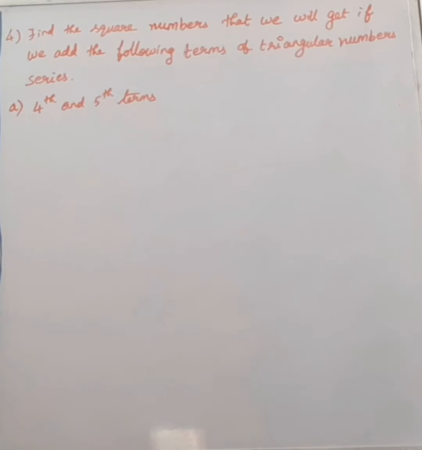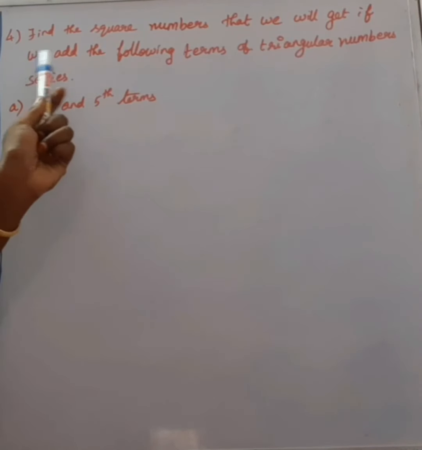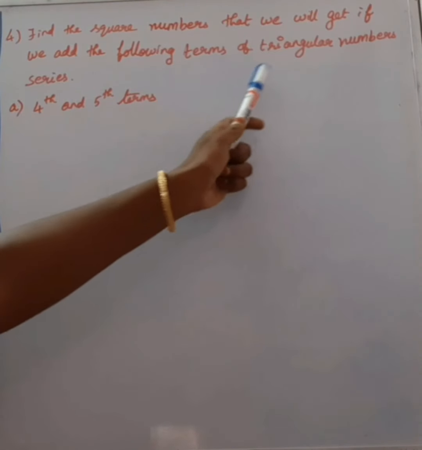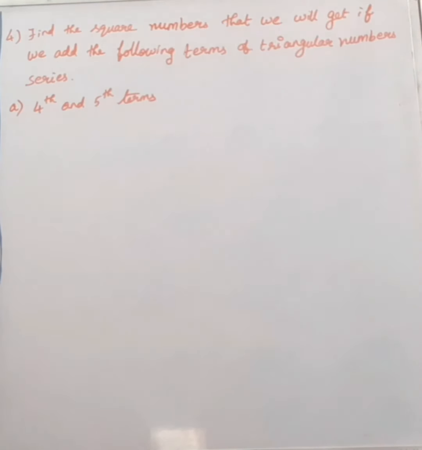Find the square numbers that we will get if we add the following terms of triangular number series. Okay, what they are saying, first we want to find the triangular number, and then we want to add those numbers and say the value. So what is the formula of finding the triangular numbers? n into n plus 1 by 2.